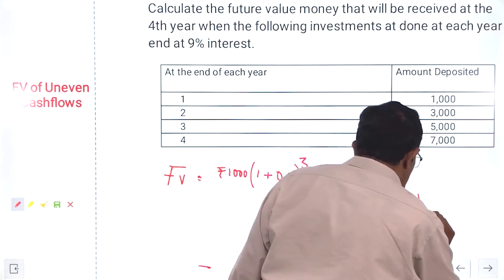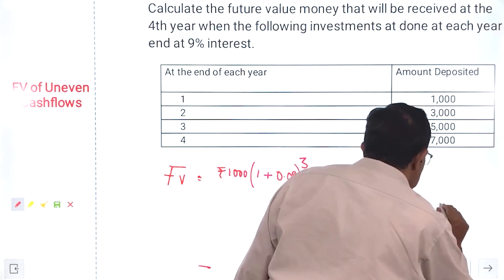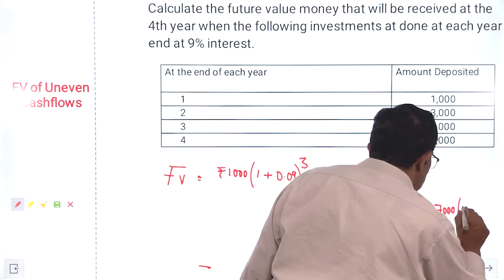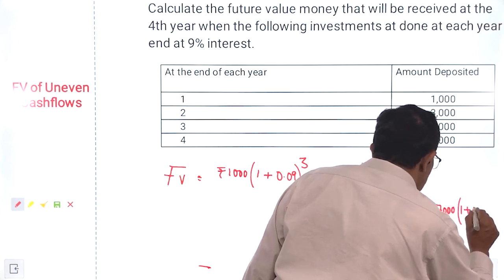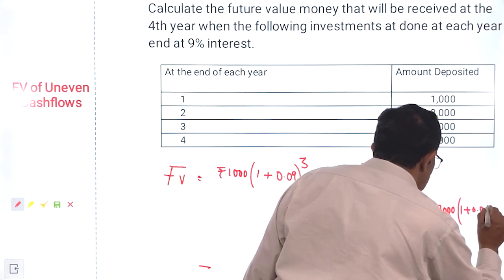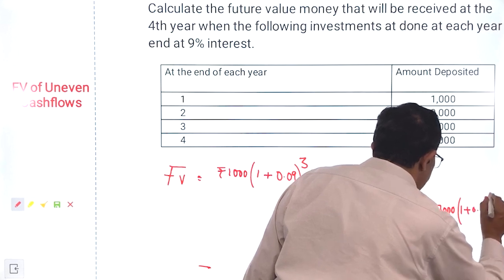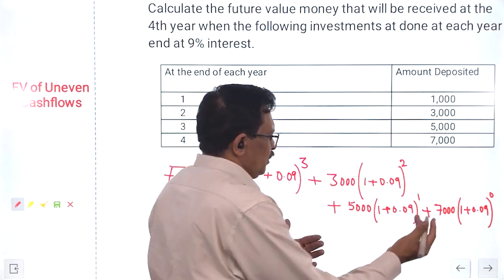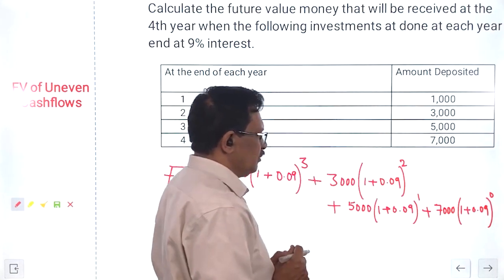Then he is depositing 7,000 rupees at the end of the period, so there will not be any interest for that amount of 7,000 rupees.